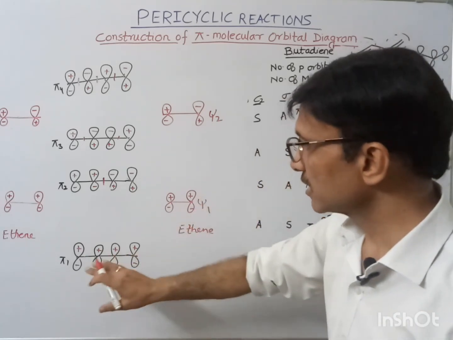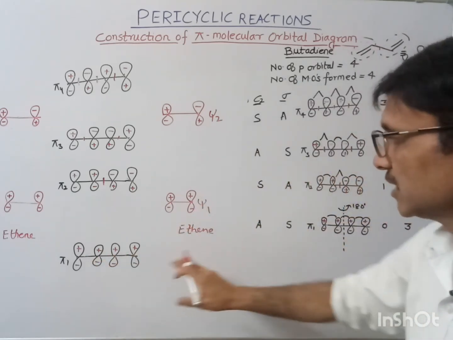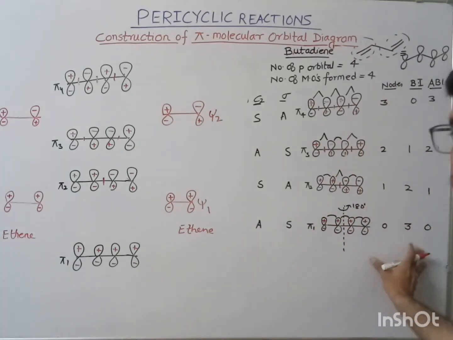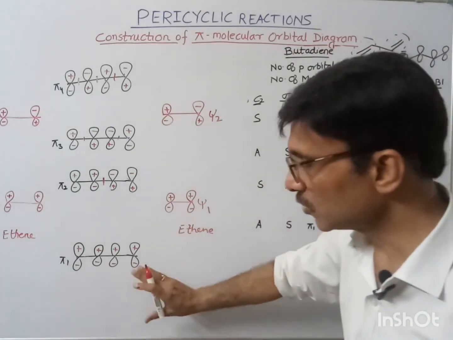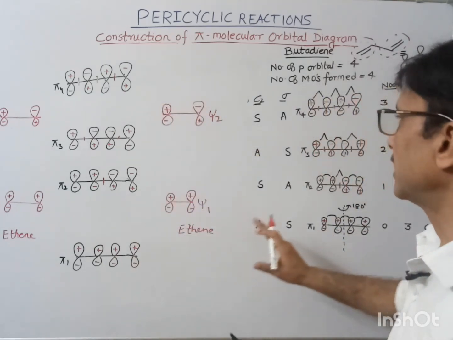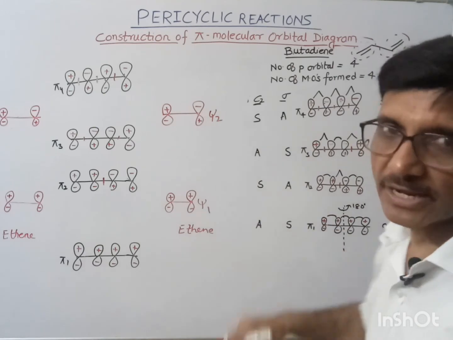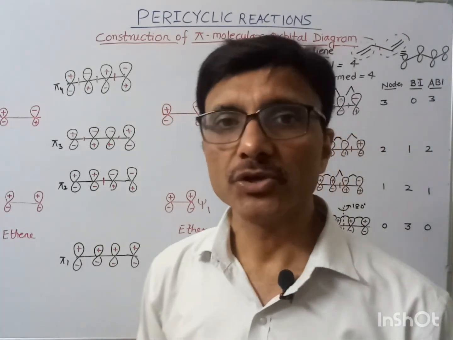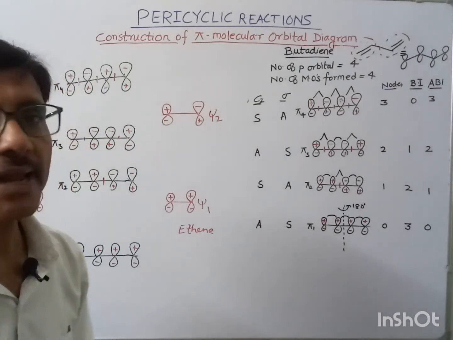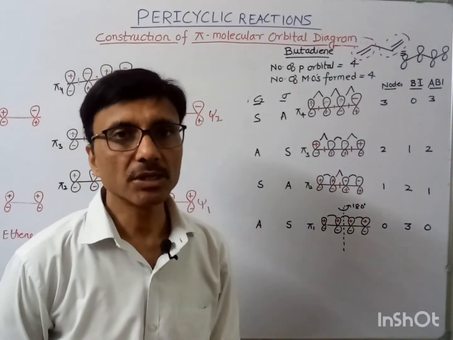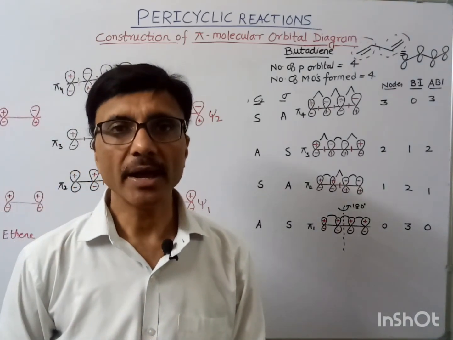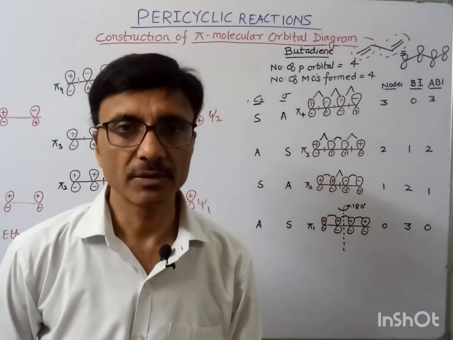If you see here, both have the same molecular orbitals. Either we can follow this rule or that rule. It is better to follow this rule, and the other rules will automatically come over here. In my next lecture I will tell you the pi molecular orbital diagrams for hexatriene and octatetraene. Okay, thank you.